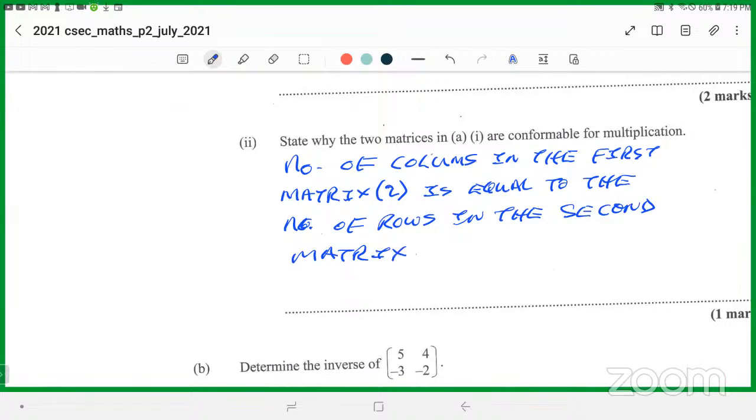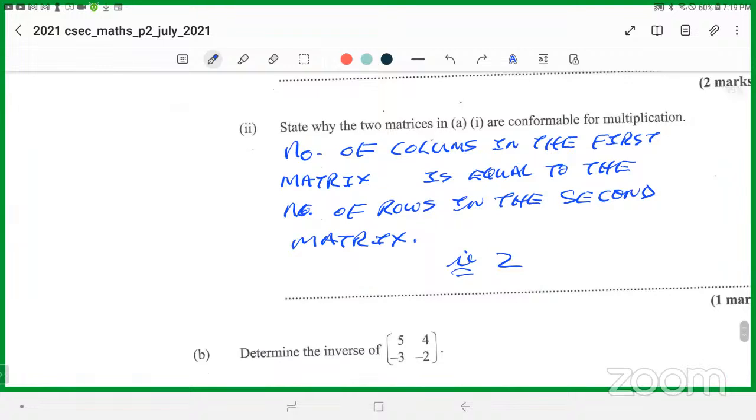You can say, i.e., 2. You can say that is 2, but it doesn't really matter. The important thing is this: number of columns in the first matrix equals the number of rows in the second matrix. Pay attention.